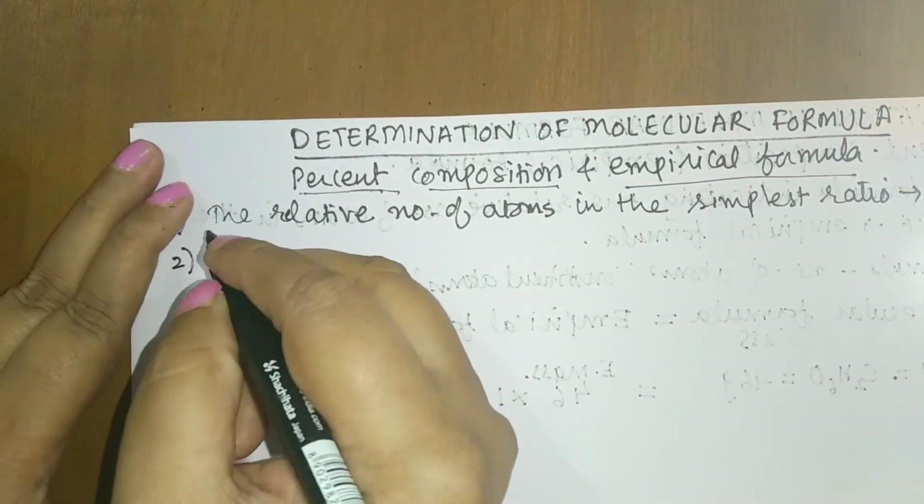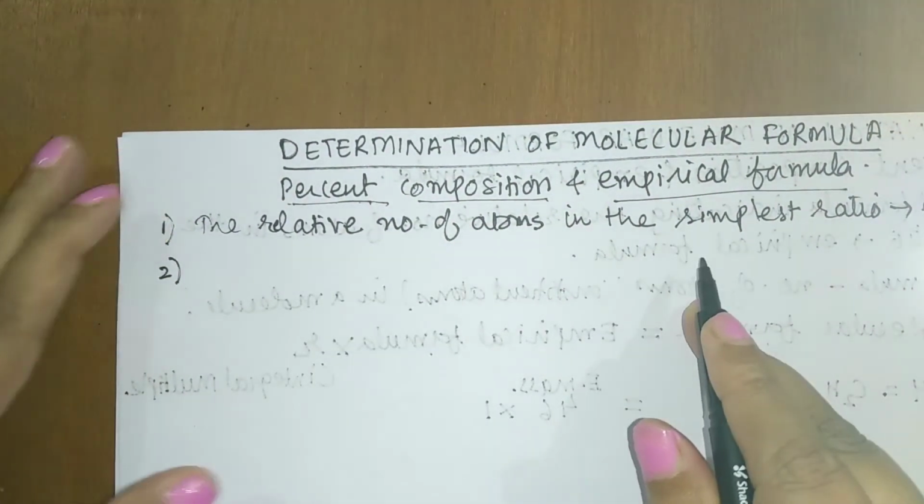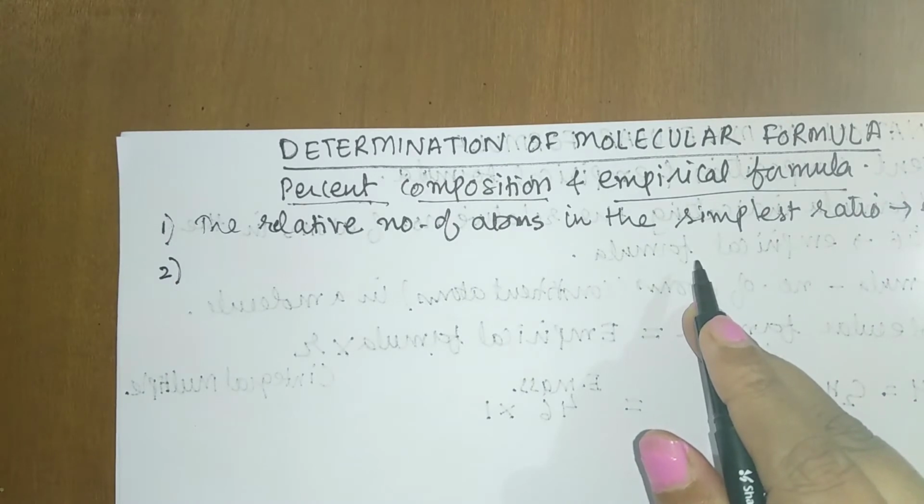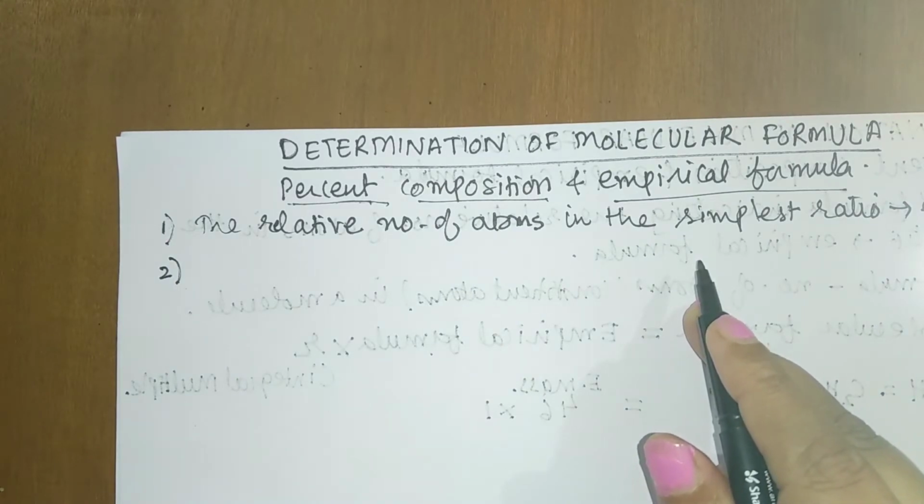And what is molecular formula? Students, you can say that the simplest ratio of atoms of the constituent elements in a molecule is the empirical formula of that compound.